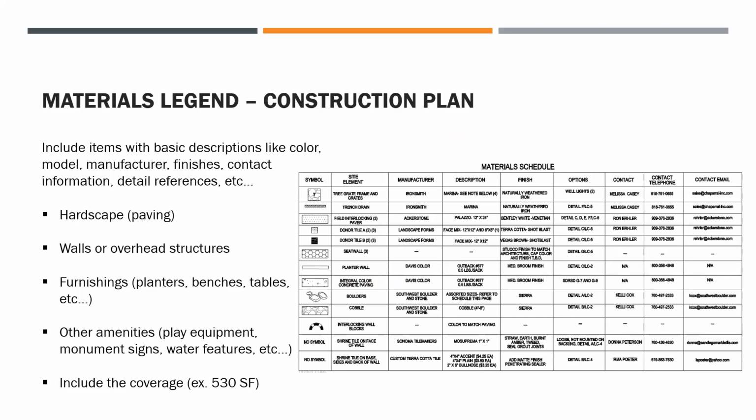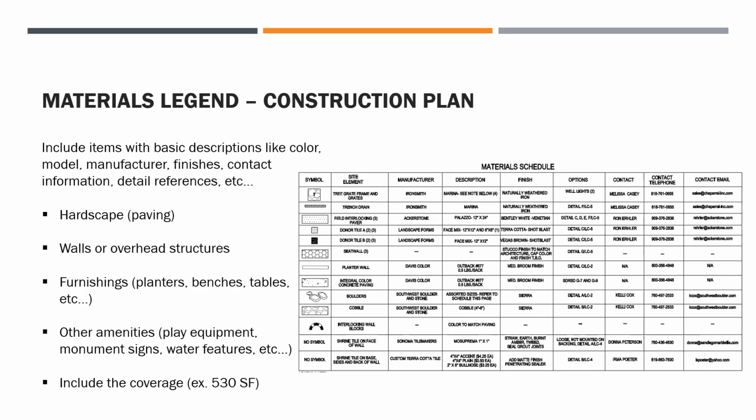And so for a construction document level, we would include things like not only the item, but who might manufacture that item, some kind of a description that could be how big it is, or what color paving, what's the dosage rate if you're doing an integral paving, what kind of finish is it? Is it a broom finish? Is it a release finish?